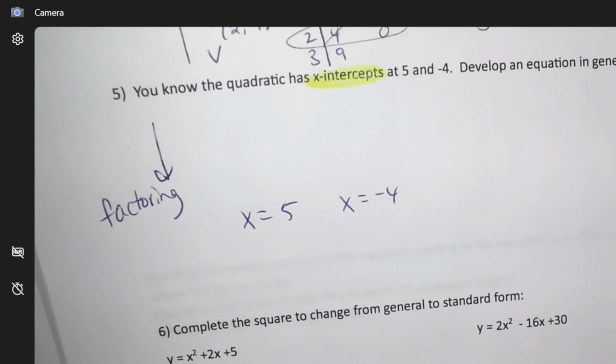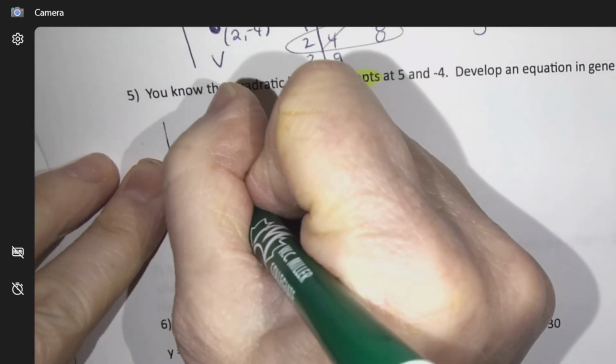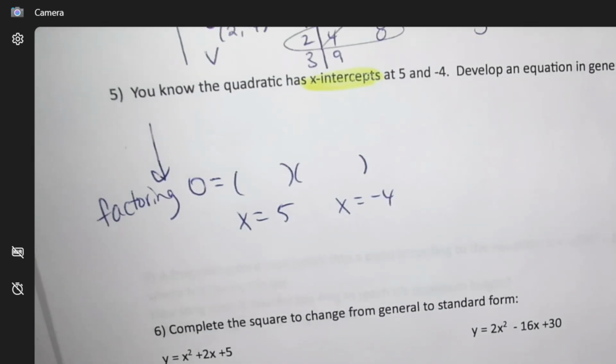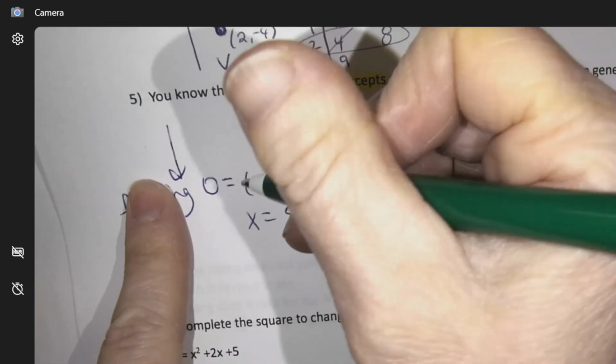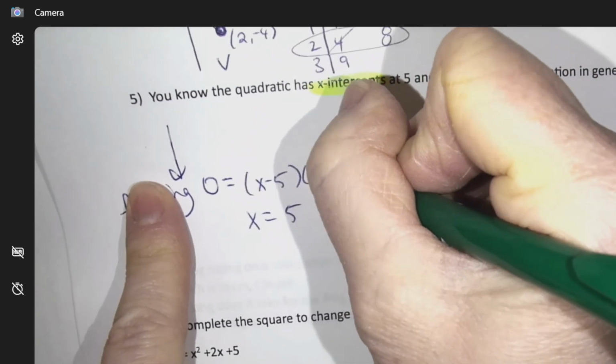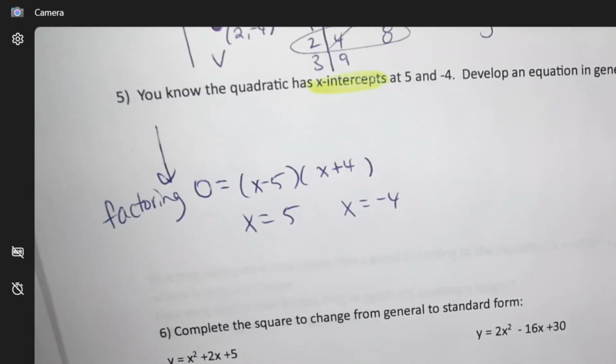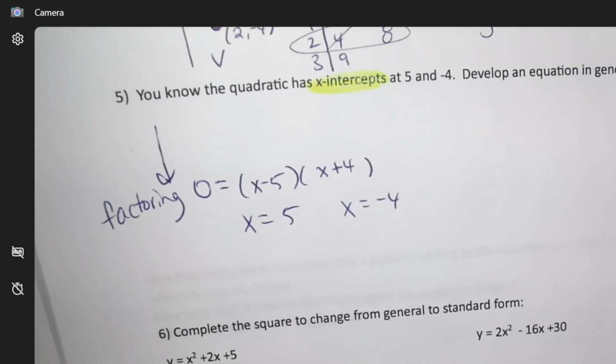Okay, so if I had this as an x-intercept, this would have been my process before. I would have done an x subtract 5 in brackets and an x plus 4 in brackets. And how do I reverse factoring? What's the opposite thing of factoring? Foiling. Foiling, factoring, opposites.